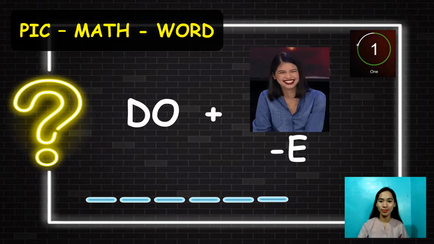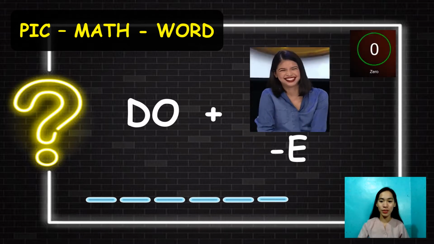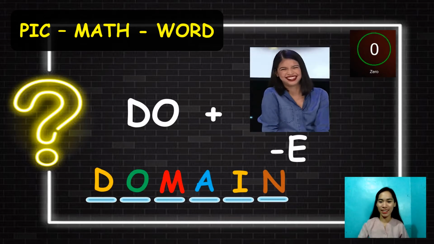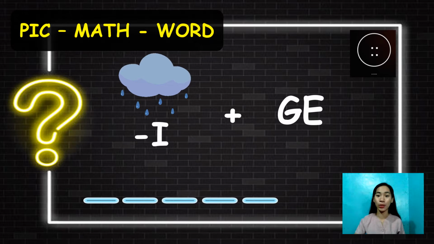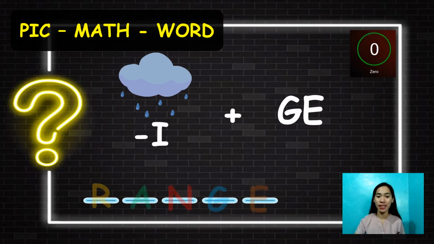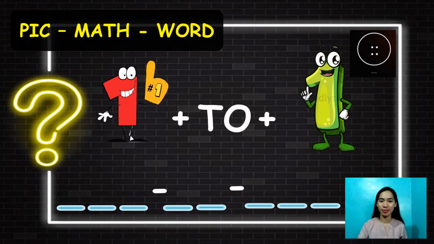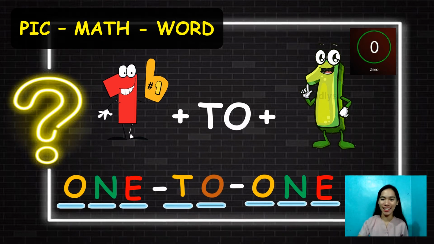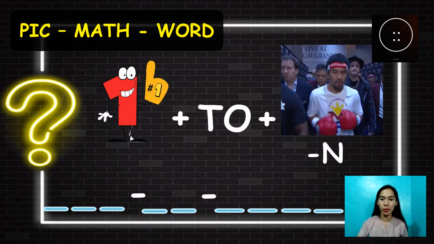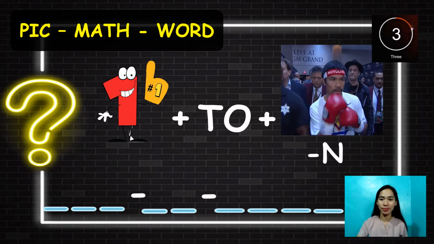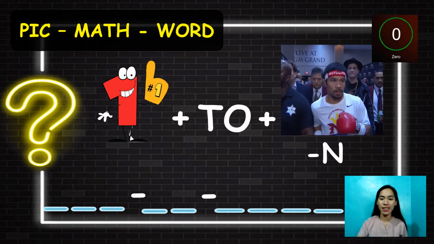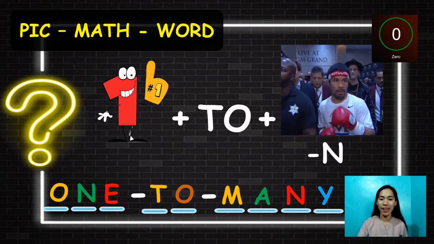Number 1. So the word is domain. Very good. Number 2. So the word is range. Number 3. The word is one-to-one. Nice. How about this one? This is one-to-many.